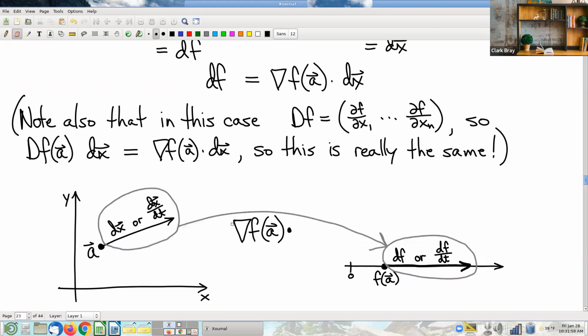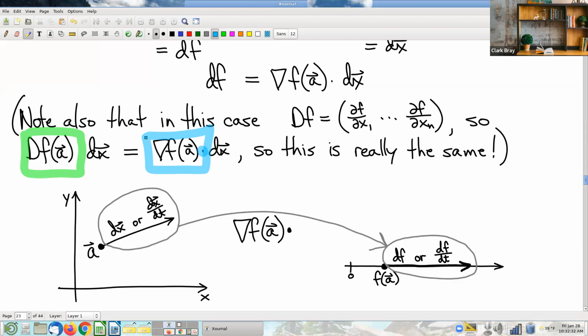After all, in this case, the derivative matrix looks like that, which really actually is, like turn your head to the side, the gradient vector. So the derivative matrix really is the same as the gradient vector. It's a matrix multiplication with the derivative matrix. It's a dot product with the gradient vector, but it's the same terms, and you're still multiplying components pairwise and adding.